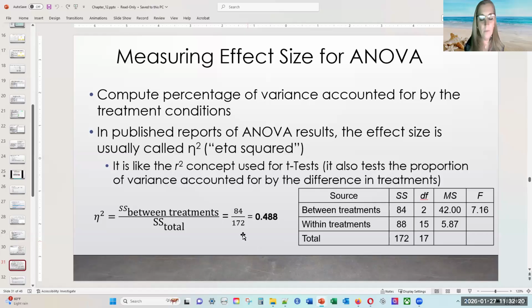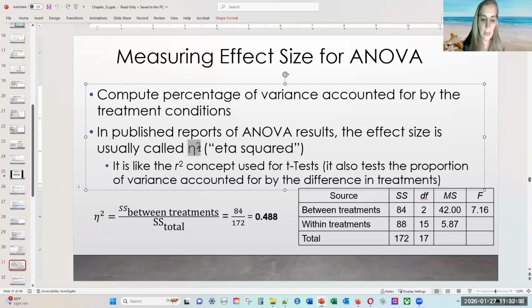All right, so back to effect size. We can compute the percentage of variance accounted for by the treatment conditions, and this is what is known as the effect size in ANOVA. We call this eta squared. It kind of looks like an N, but it's the Greek letter eta.